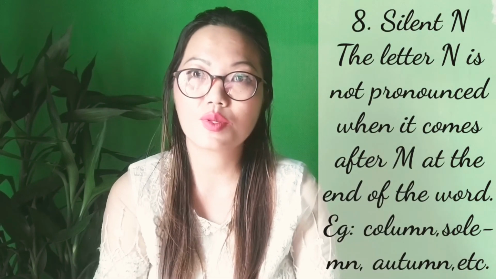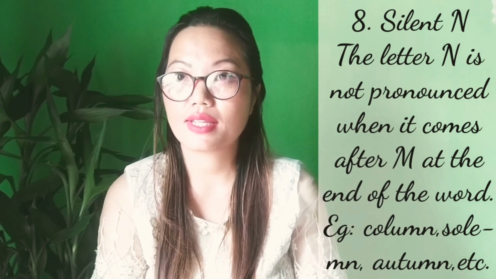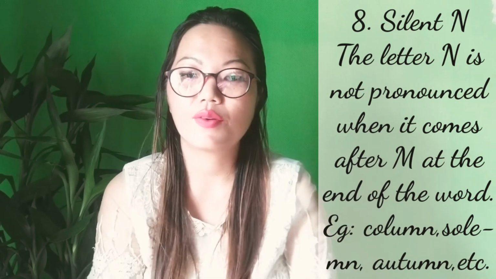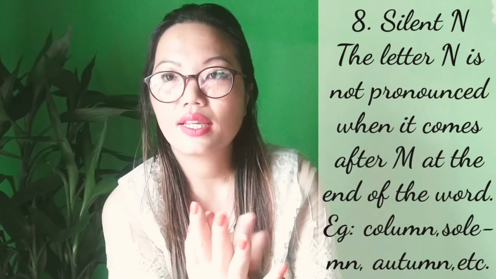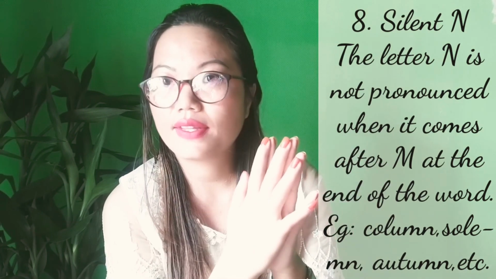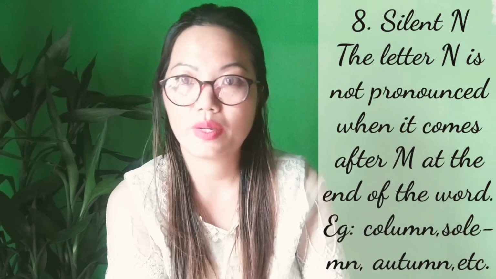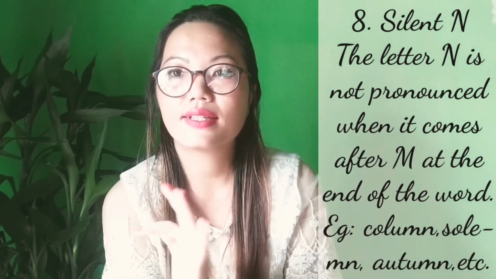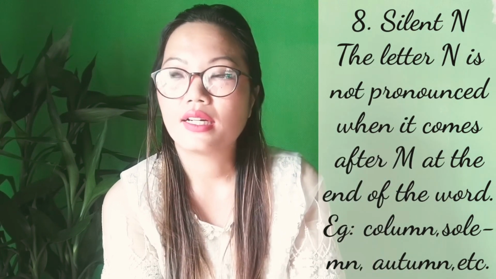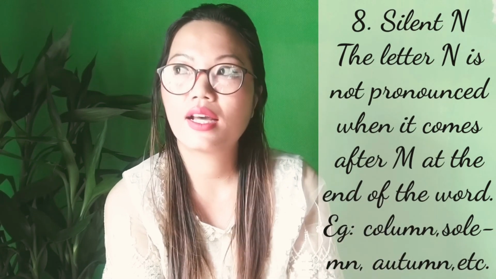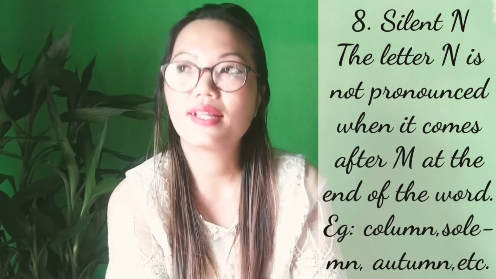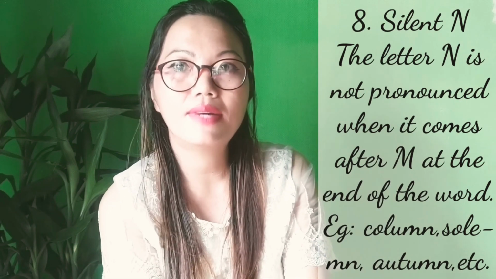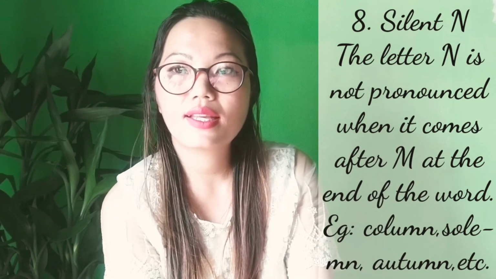Next we have silent letter N. N is silent when it comes after the letter M at the end of a word. If a word ends with M and N, then N is always silent. Column, C-O-L-U-M-N, N is silent, it's pronounced as column. Solemn, S-O-L-E-M-N. Autumn, A-U-T-U-M-N.